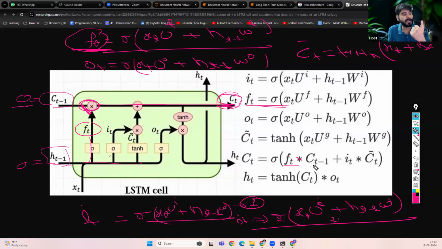So f of t into C of t minus 1, the forget gate into the previous memory, plus, as I mentioned, we sum up both paths: plus the input from the current data, current input into C of t. Current input plus previous C of t, and then we get the final current memory block.